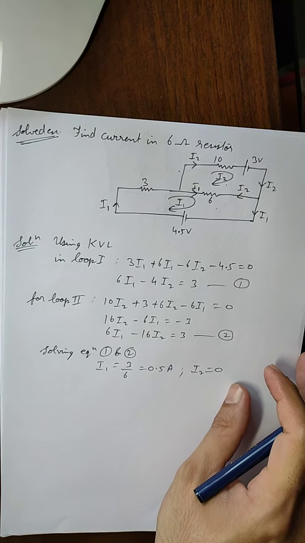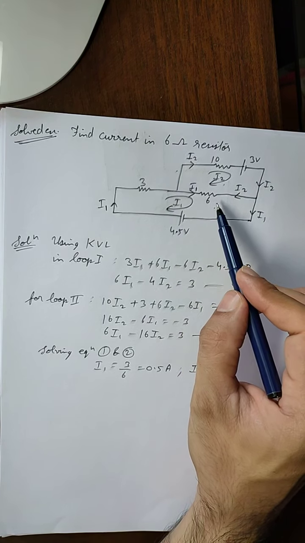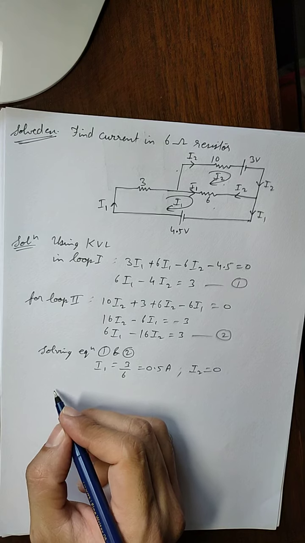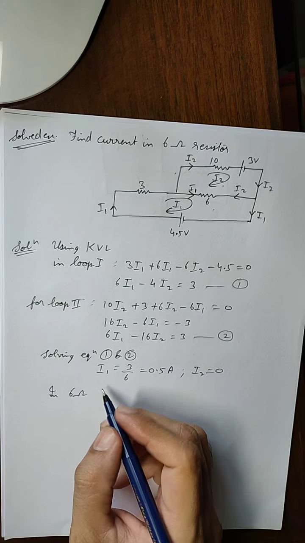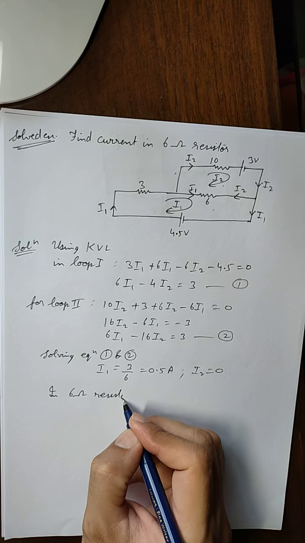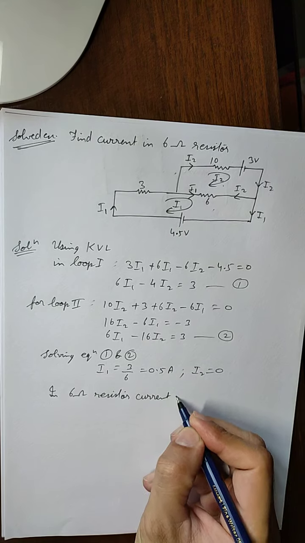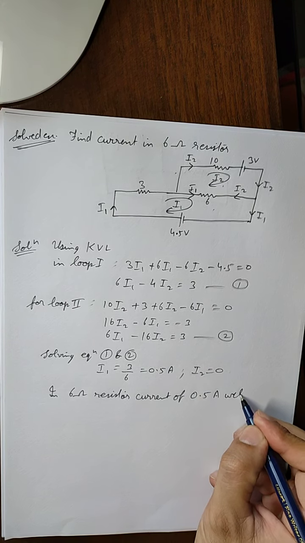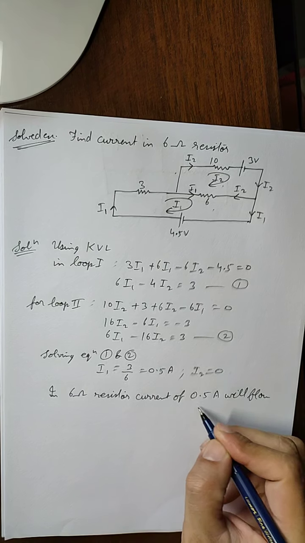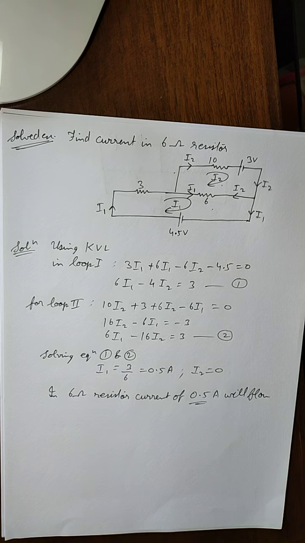So that means from the 6 ohm branch there is only one current that will be flowing, which is equal to minus 0.5 amperes. So we can write in the 6 ohm resistor, current of 0.5 ampere will flow, because the other current I2 will be equal to 0 in this branch.